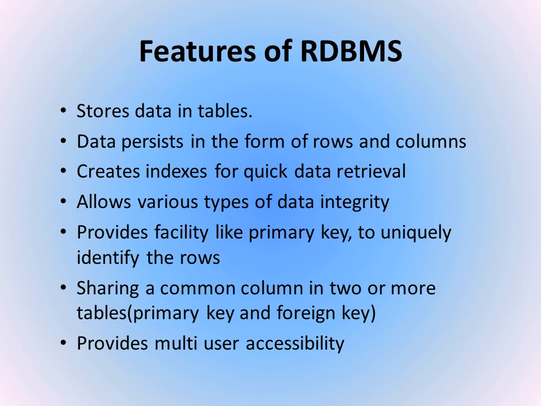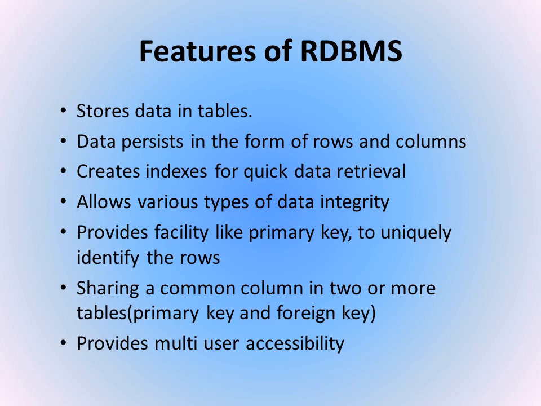We had seen in the first slide that there is a relationship between the student table and the course table. Why? Because a student enrolls in a course, so there is a common column between the student table and the course table, and the common column is course ID.